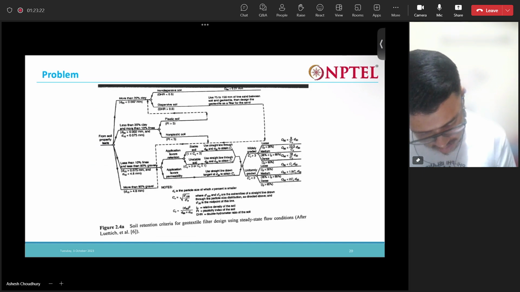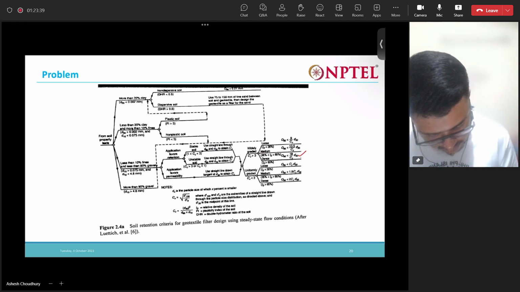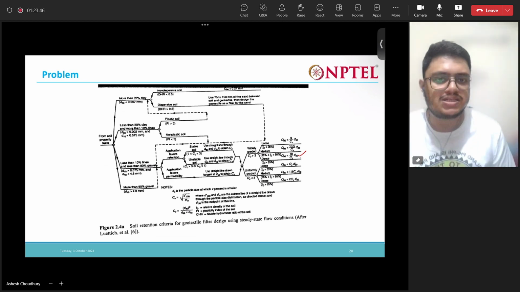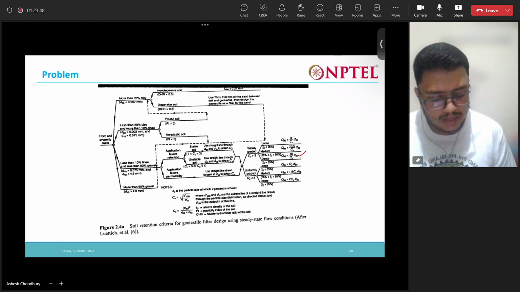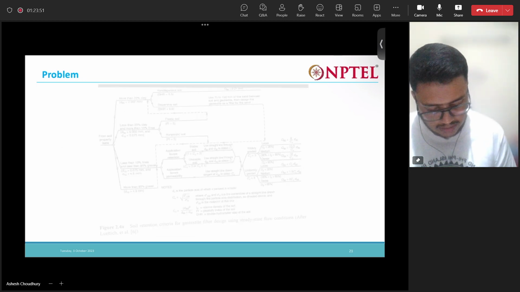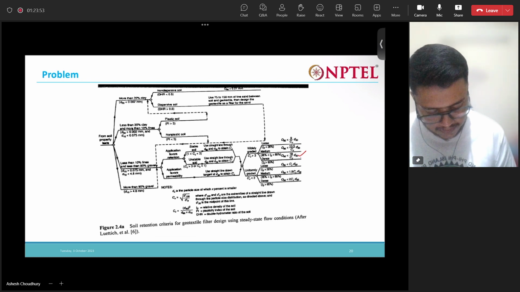So we can select this criteria: O95 less than 18 by Cu times D50, for dense soil with relative density greater than 65% and widely graded soil with Cu greater than 3. Our Cu is 5, so we can select this criteria from here.